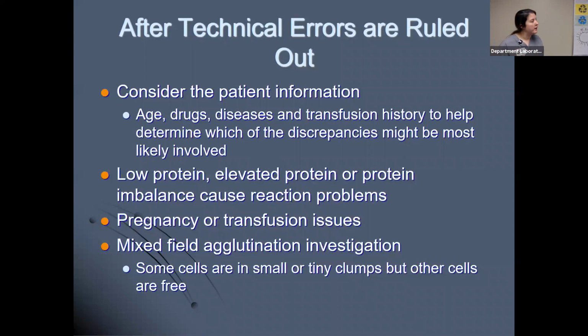And then also think about your patient diagnosis. Is there a specific diagnosis where your patient has a lot of excess protein? You guys remember? Multiple myeloma produces excess immunoglobulins, all that excess protein. What effect does that excess protein have on red cells? Lowering the zeta potential, those cells are going to come together and form rouleaux.